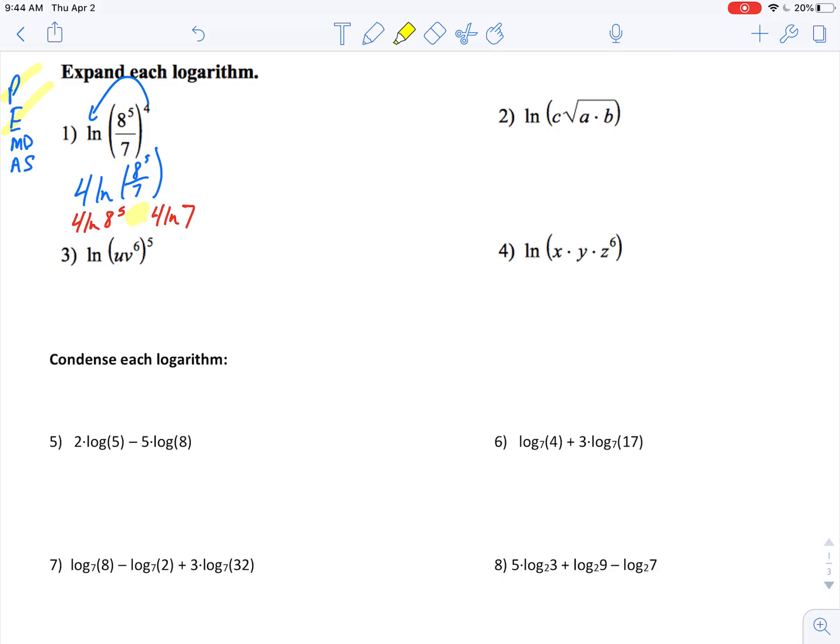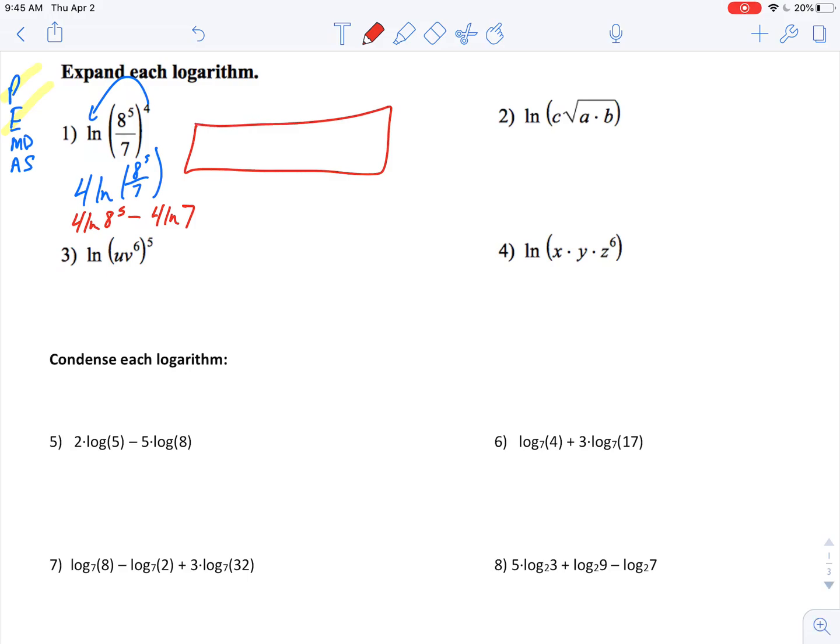But since I'm dividing, what operation is going to go in here? What operation is going to go with division? And that's going to end up being subtraction. So I'll subtract those 2 logs.